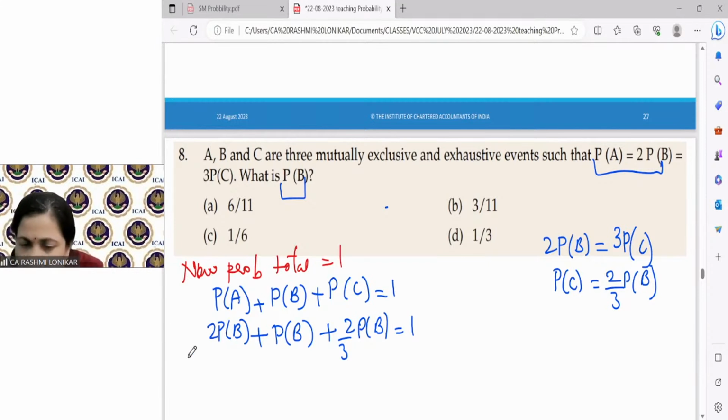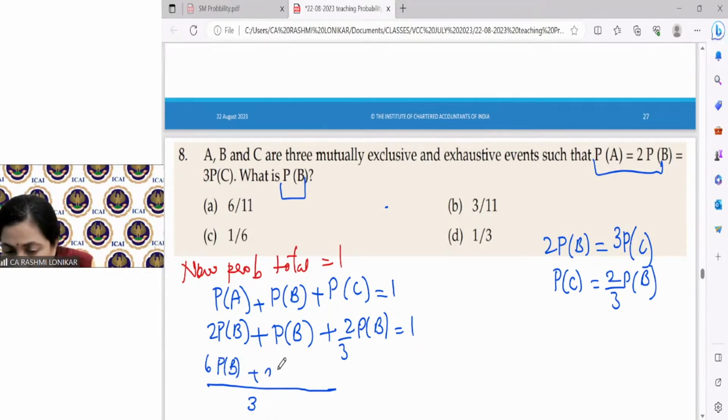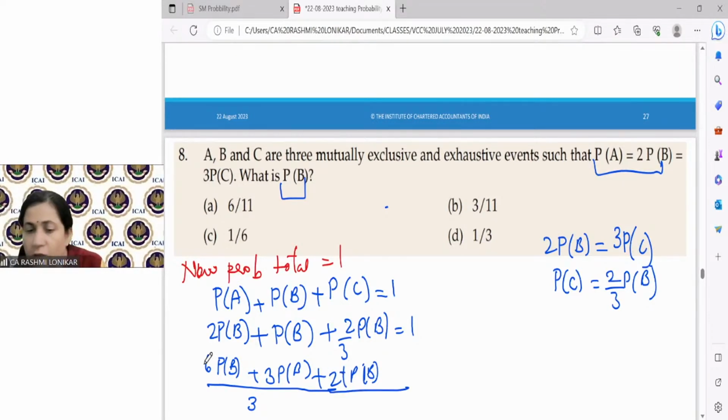Now, can I solve this? Yes. I take the denominator as 3. 3 2s are 6 P of B plus 3 P of B plus 2 P of B. 6 plus 3 is 9, 10, 11.